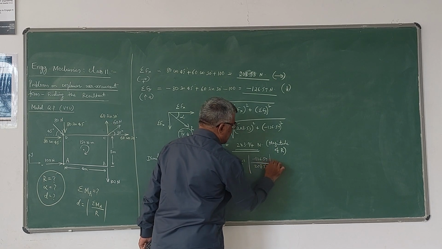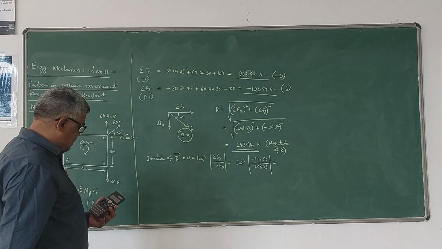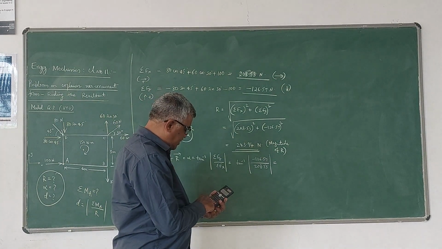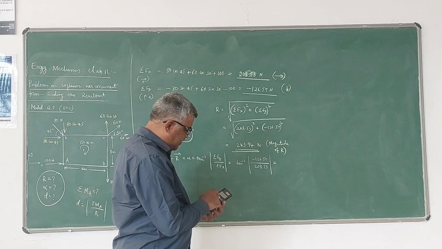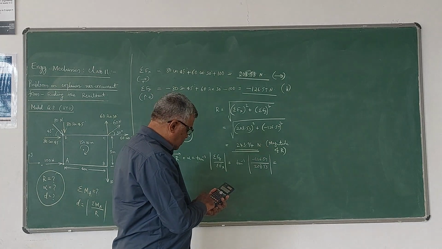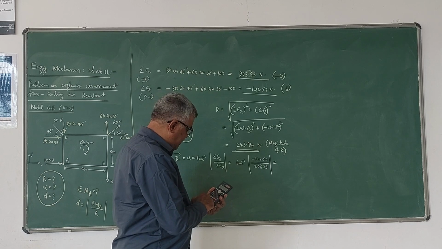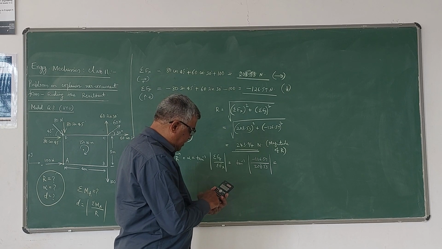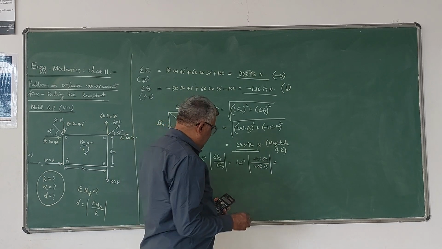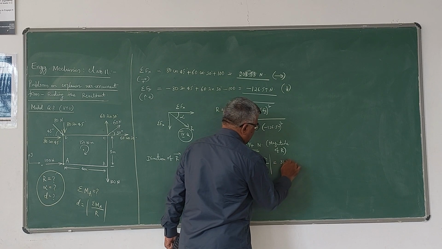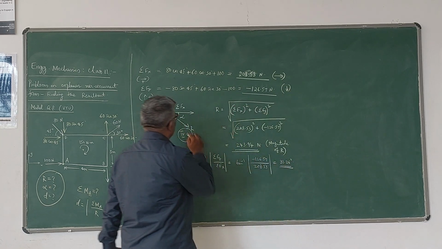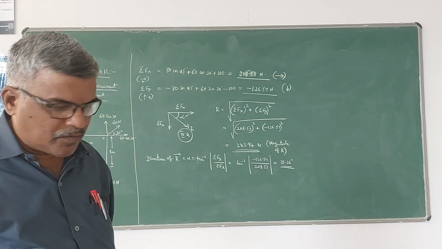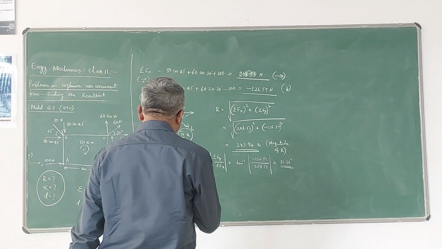We take the positive value because of the modulus. So tan inverse of 126.57 divided by 208.53 is 31.26 degrees. So this alpha value is 31.26 degrees, and this is the direction.